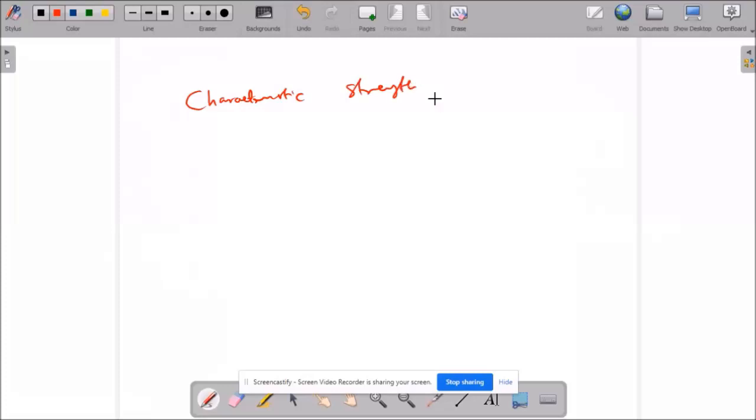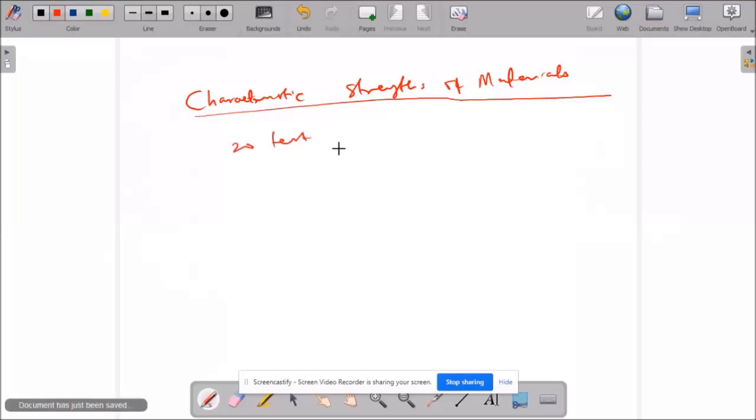Strength of materials, be it concrete, be it steel, be it timber. The characteristic strength of a material is defined as the strength below which 20 test results are likely to fail.